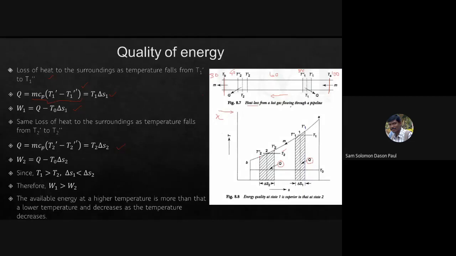That total heat loss would include everything that is hatched here. Everything that is hatched here, this entire region, is mCp into T1 dash minus T1 double dash.